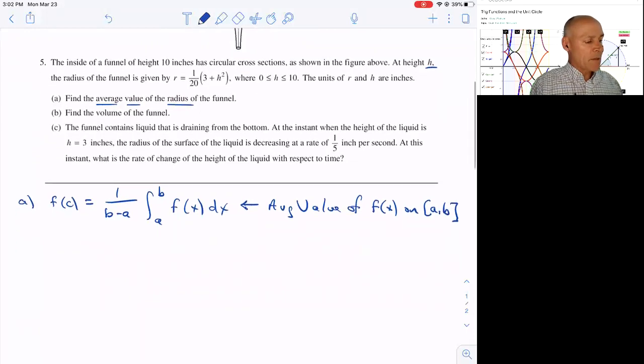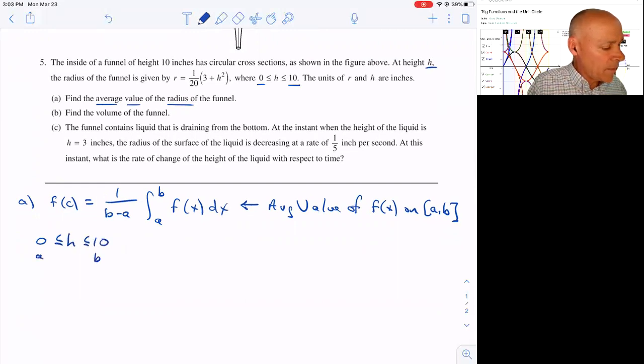And so for our purposes, our interval is the closed interval from 0 to 10. So a is 0, b is going to be 10, and our function is going to be r, or r at h.